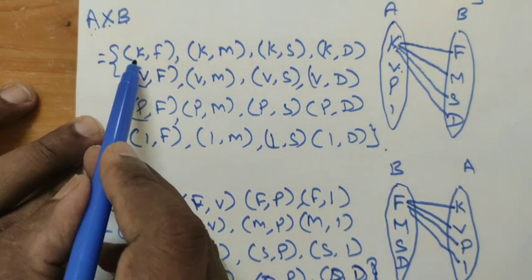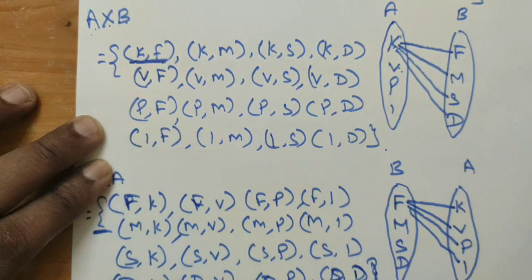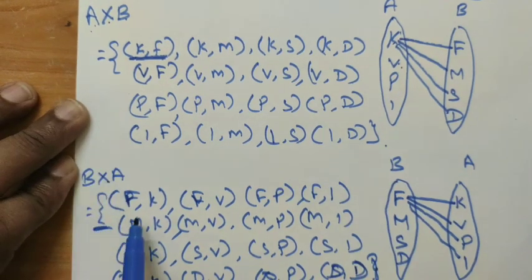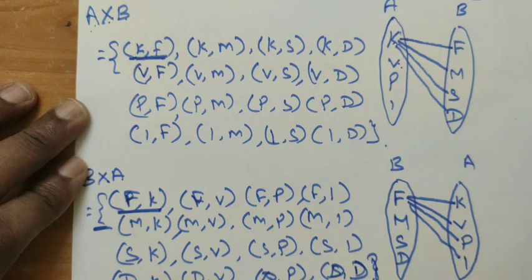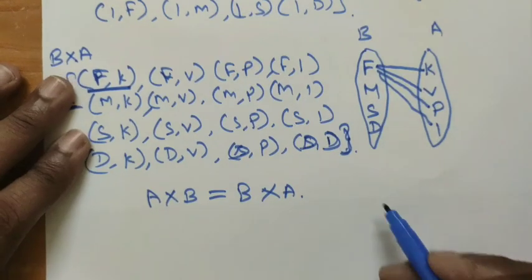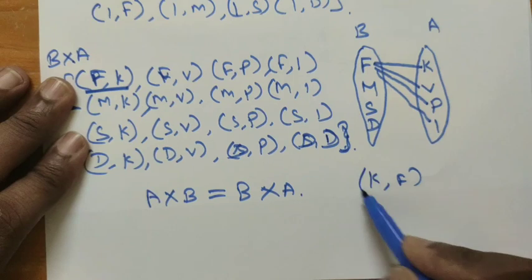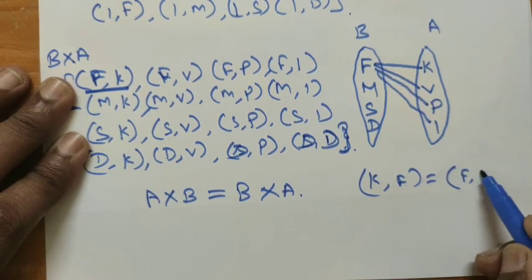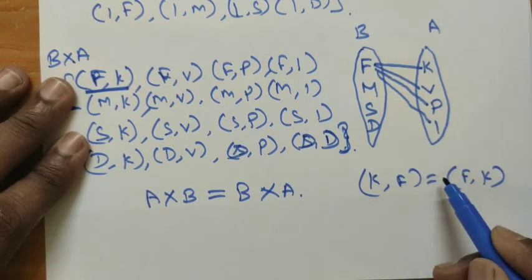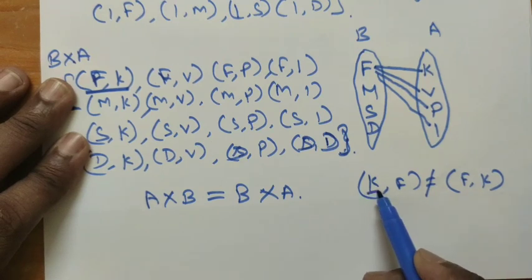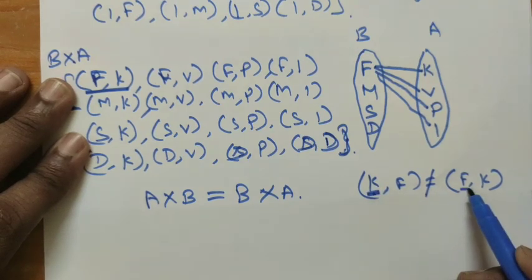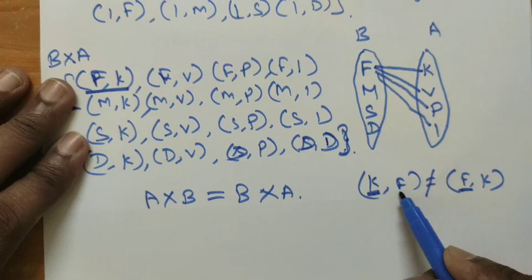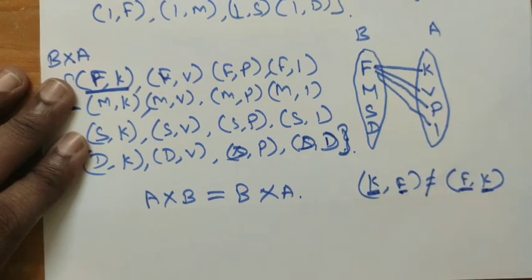See here, in the first, KF, right? But in B into A, there is F into K. Is it equal or not equal? That is, K comma F is equal to F comma K? Is it equal? Surely it is not equal, because here the first element is K, and there the first element is F; the second element is F here, and K there.